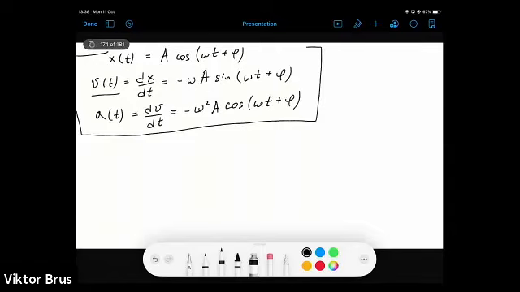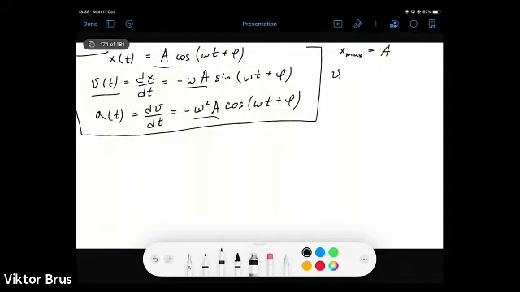And that maximum value of these parameters will be defined by the coefficients in front of sine or cosine. So for x, the maximum displacement will be A, which is our amplitude value.